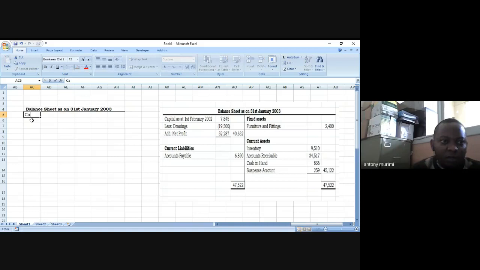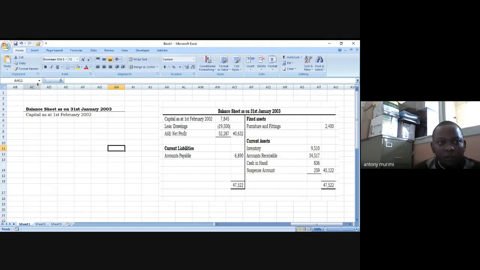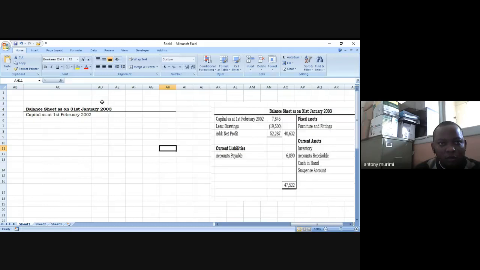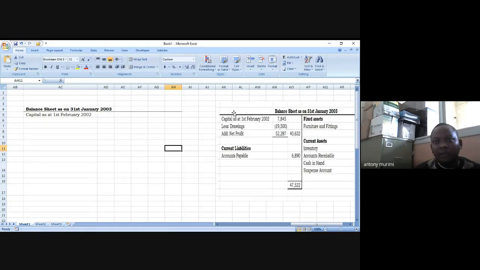So the first item we have is capital as at 1st February 2002, so our capital has not changed.